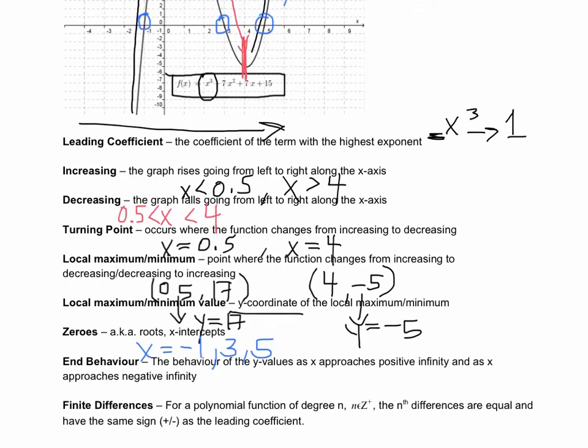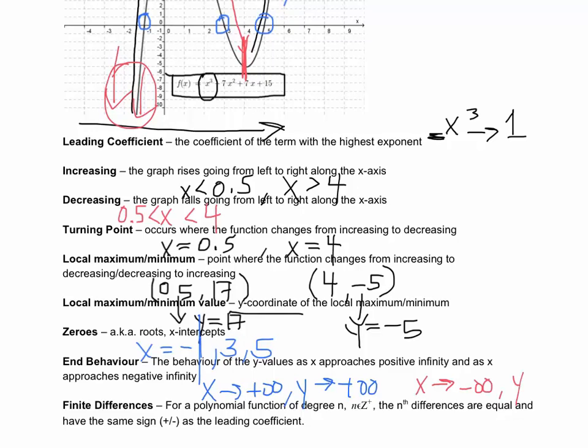We would say then, as x approaches positive infinity, y approaches positive infinity. As x approaches negative infinity, our y values also approach negative numbers. We would say x approaches negative infinity, then y also approaches negative infinity.